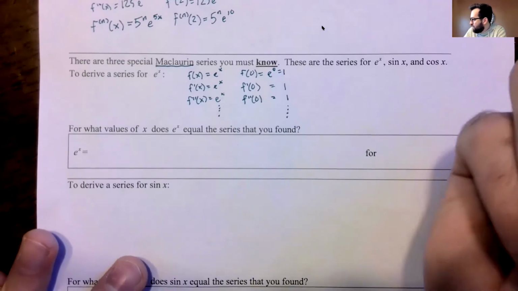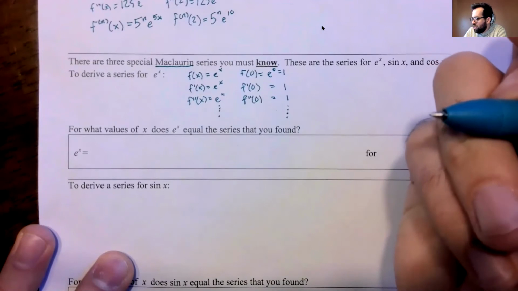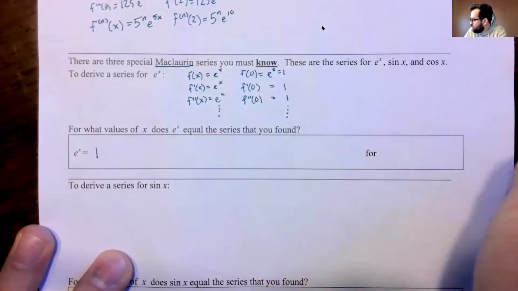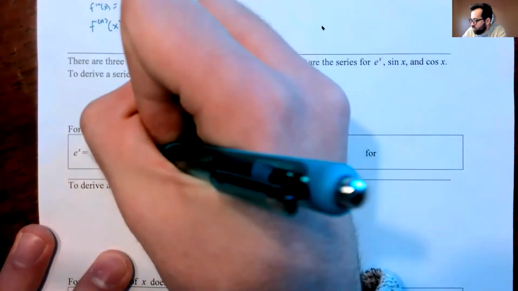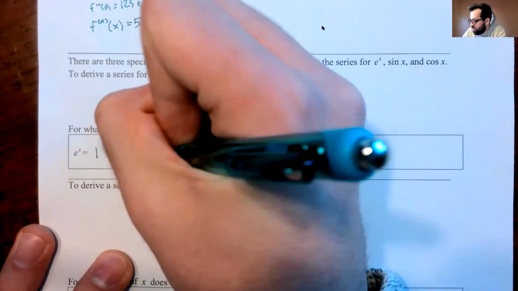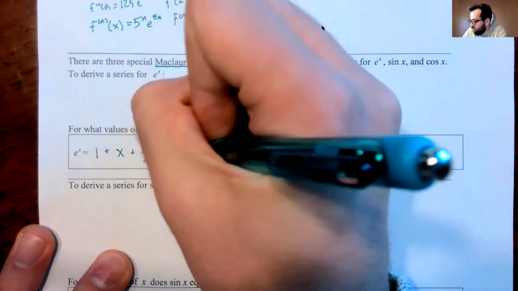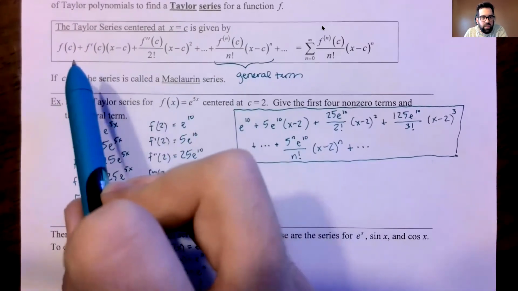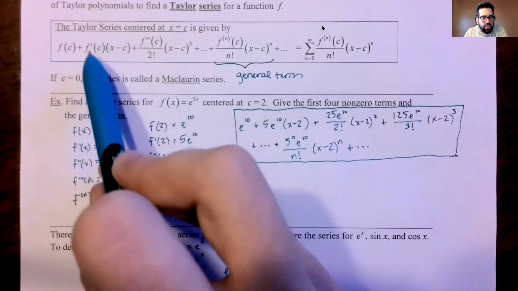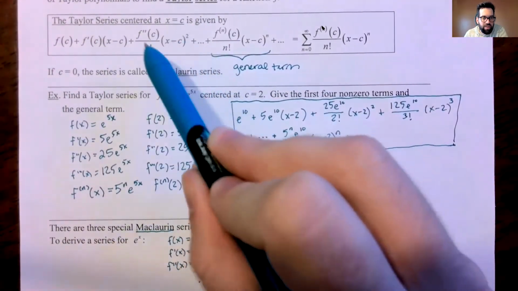So if we wanted to write out this pattern, as seen at the top of the page, the first term will just be 1. The second term will be x. The third term will be x squared over 2 factorial, then x cubed over 3 factorial. And you can tell because if we look back up at the formula, all of these f of c's, f prime of c's, f double prime of c's, they're all equaling 1. So they're just going away and leaving everything else.